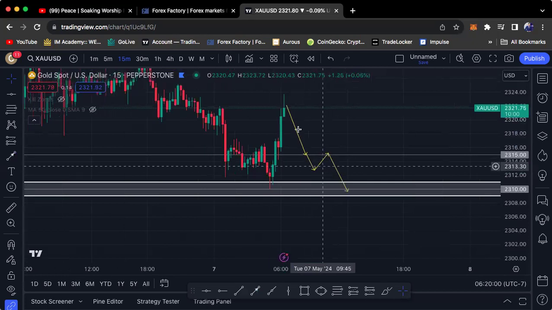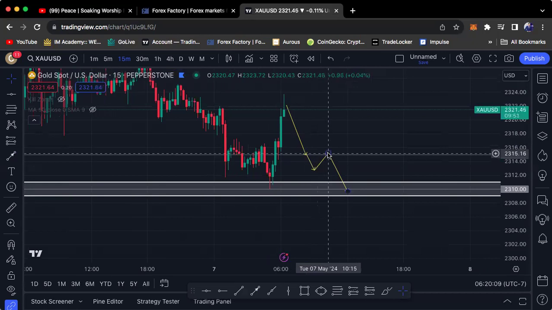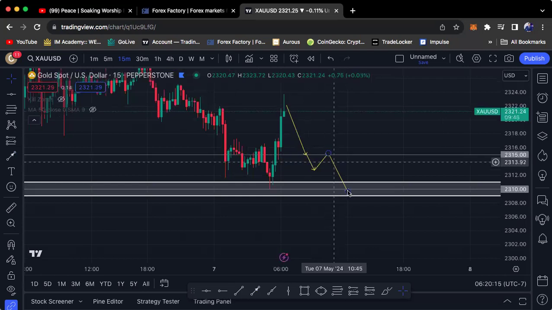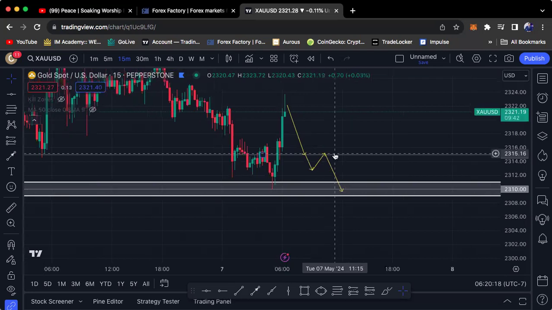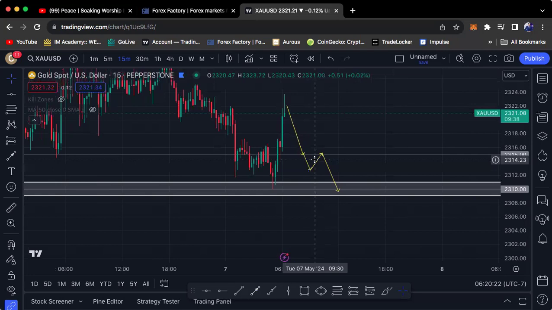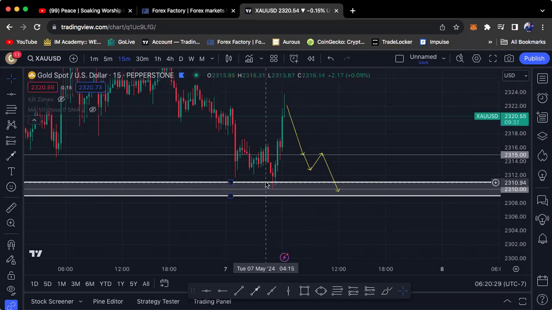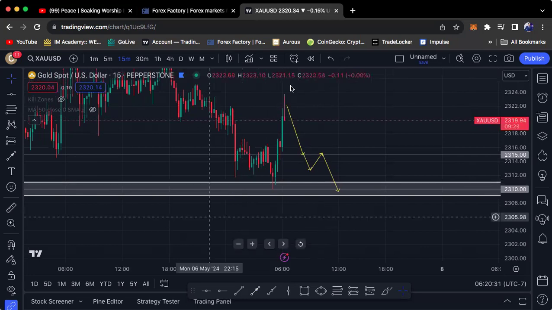If it breaks below 23.15 and closes below and gives you a bearish confirmation candle, then you can catch the move from the 23.15 area down to 23.10 and catch a 50 pip move. This is for my scalpers. If you're scalping it, you can do that.